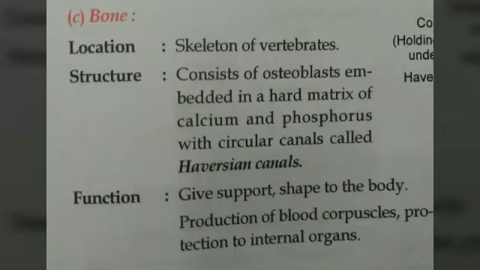So what is bone? Where is its location? Location is the skeleton of vertebrates. It means our whole body framework is made up of bones. How many bones are in our body, in adult and child? In our body there are 206 bones.